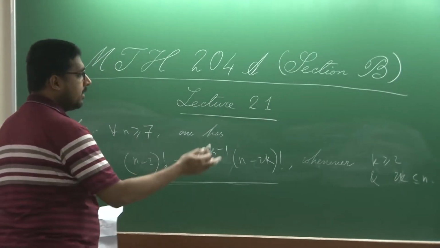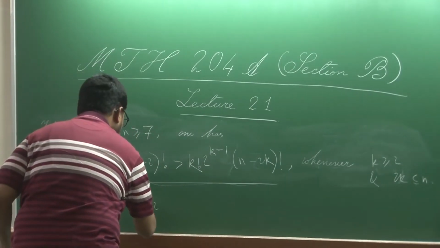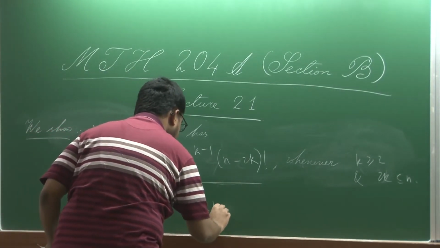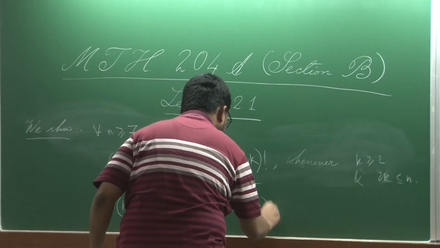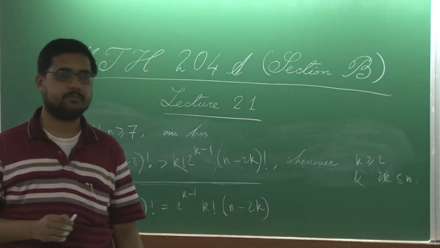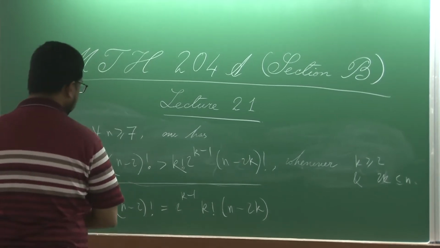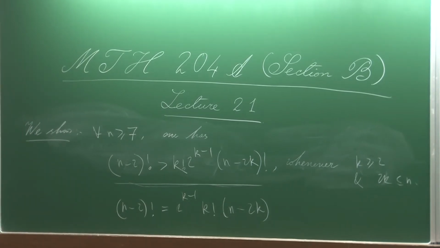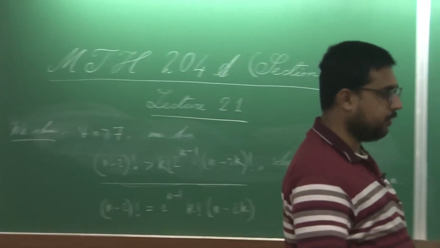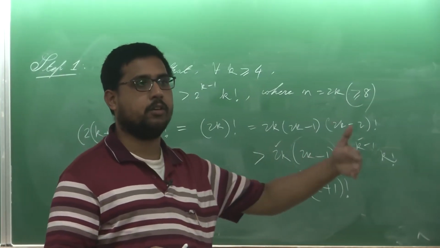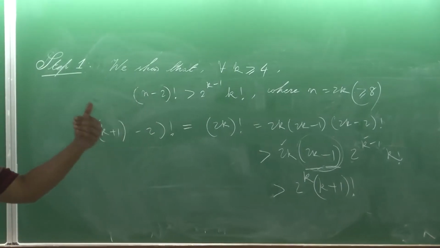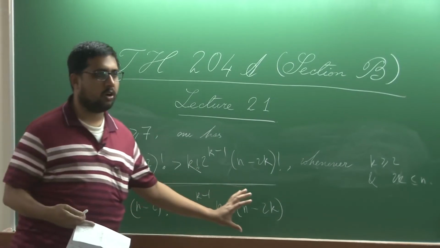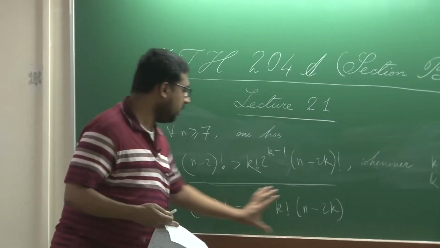Therefore you see that the relation, like the initial observation that we made, that if a conjugacy class consists of all permutations of k cycle type, all permutations which are products of disjoint k cycles, if such a conjugacy class has size n choose 2, then this must happen.